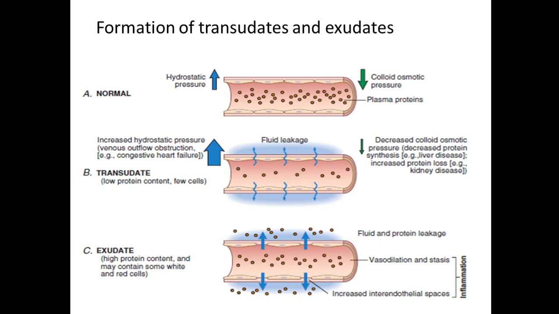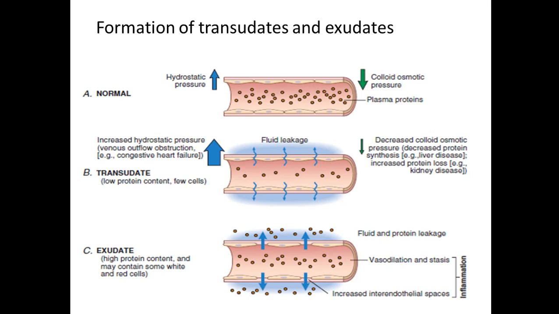Now, any disease or any condition that causes an increase in the hydrostatic pressure, for example in congestive heart failure when there is venous outflow obstruction, or any condition in which the amount of plasma proteins is decreased, either due to decreased formation or due to loss from the body, as occurs in nephrotic syndrome and other kidney diseases.